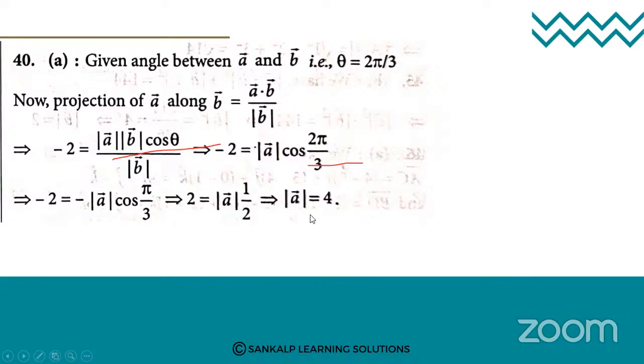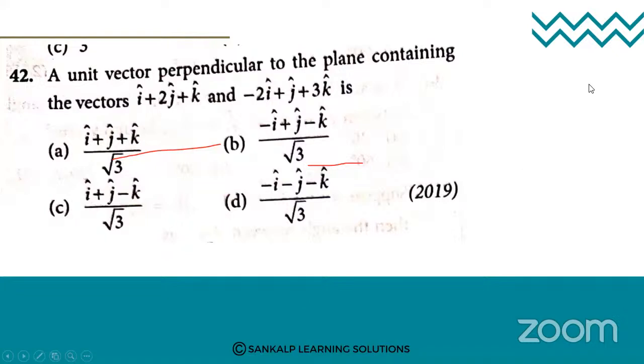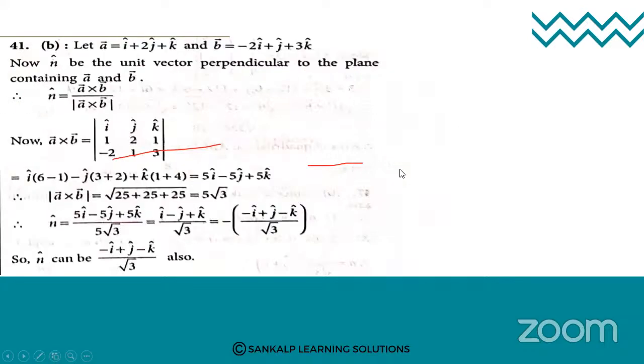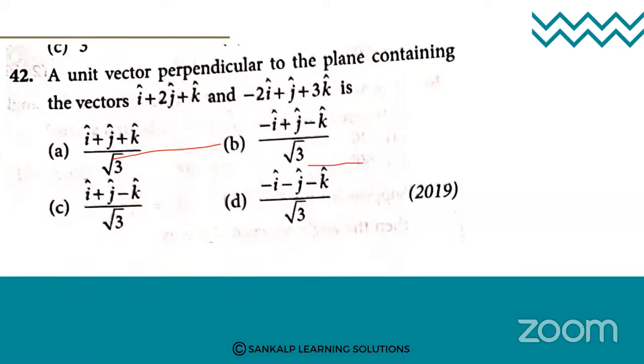So on simplifying, we are getting mod A is equal to 4. Mark this question as important. So option B will be the right option. Okay, so this is the next vector.